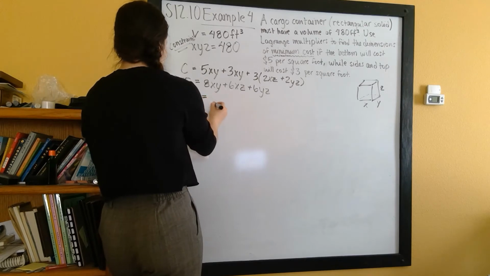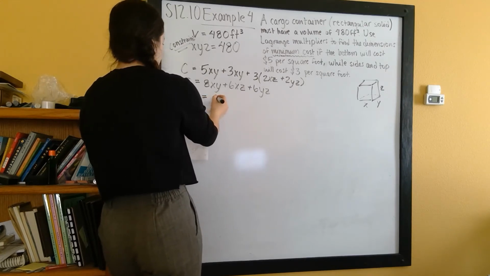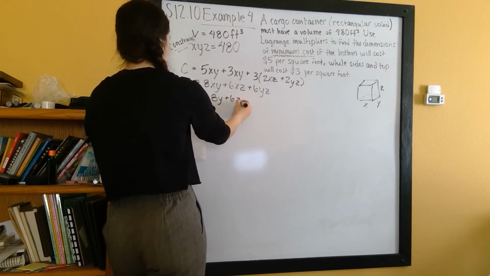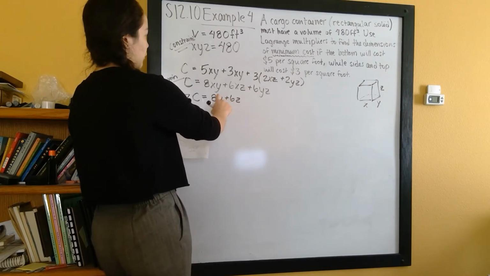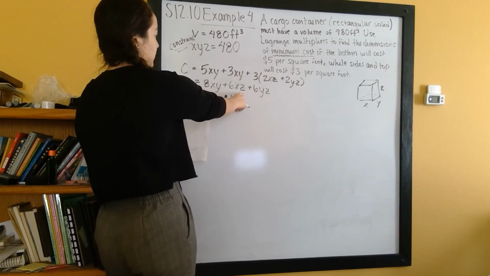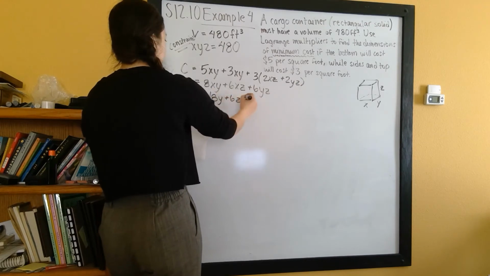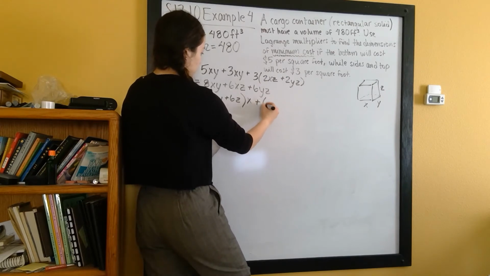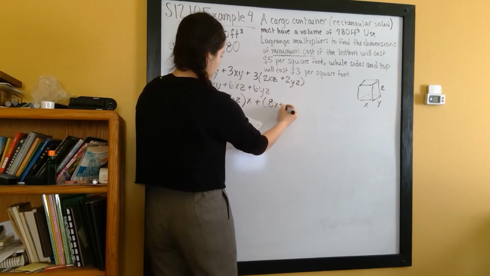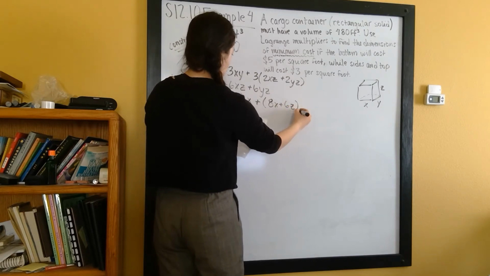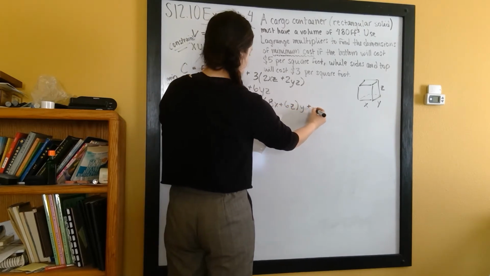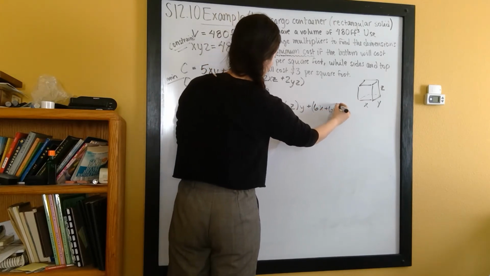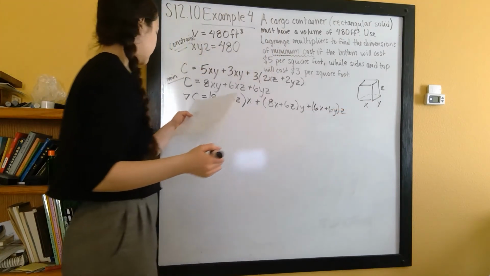Okay, so the gradient of C would be 8y plus 6z, because we're taking the partial with respect to x, ignoring the term that doesn't have an x in it, times i hat, plus now the partial with respect to y, which is 8x plus 6z, times j hat, and now the partial with respect to z, 6x plus 6y, times k hat. Okay, so here we have the gradient of C.